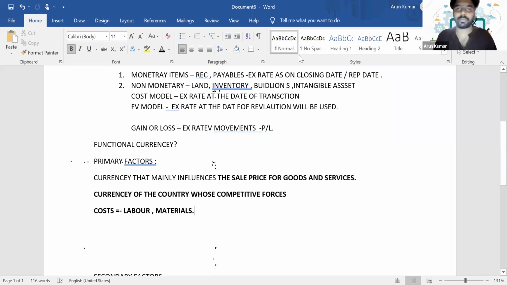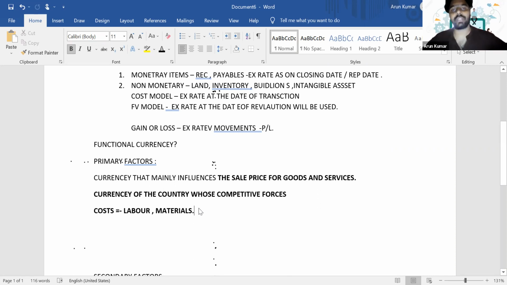Can you reply in the chat? Any doubts? Okay. So these are the primary factors that we'll consider to determine the functional currency.